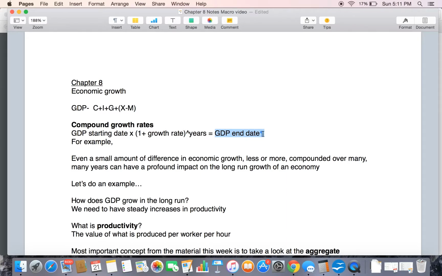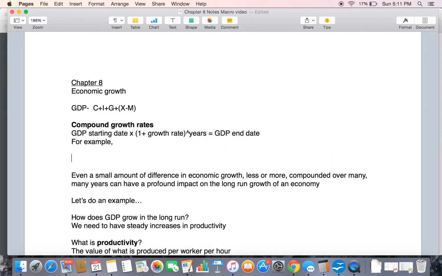We can do the same thing for GDP. Let's look at an example. So for example, the GDP of the United States is around 18 or 19 trillion dollars. Okay. And if we were to say, well, if we have growth rates of 2% per year and we have them for the next 5 years, what will be the value of our GDP in 5 years?